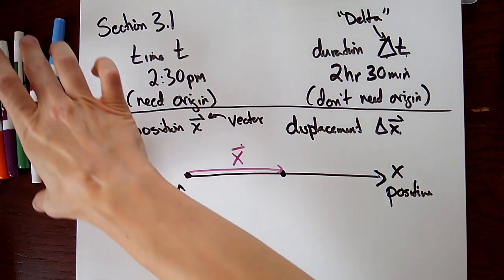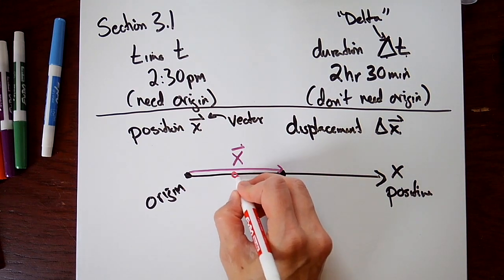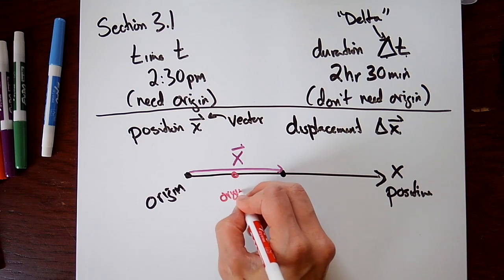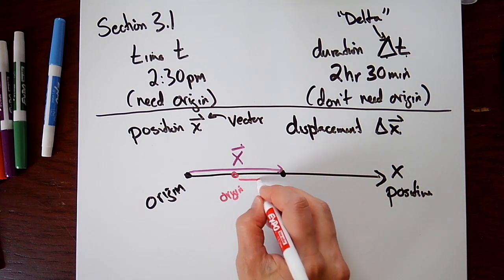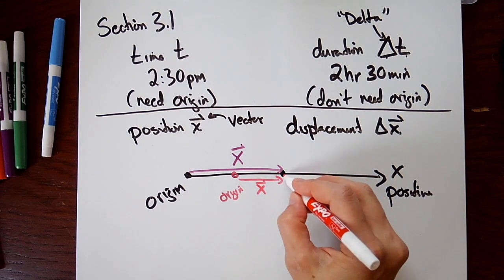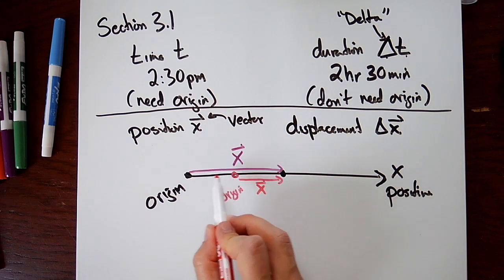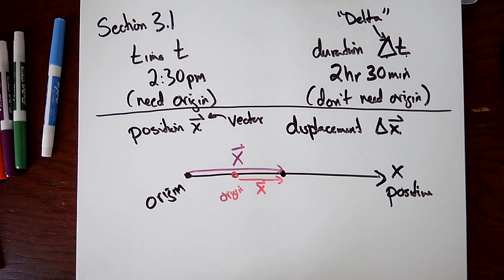But on the other hand, if this is our origin, you can see we'd have a different length for our position vector, even though we're standing in exactly the same spot, because the position vector always starts at whatever origin you're using.